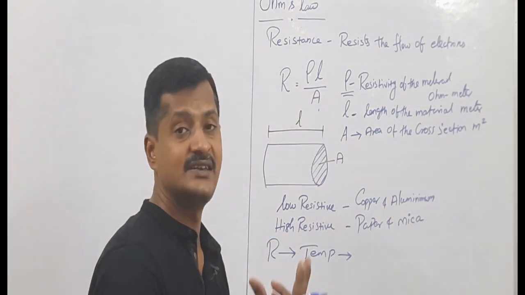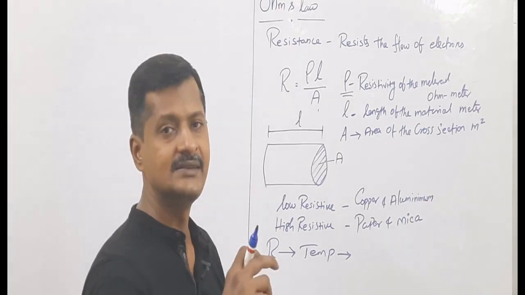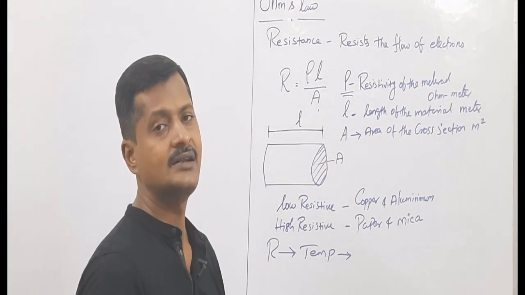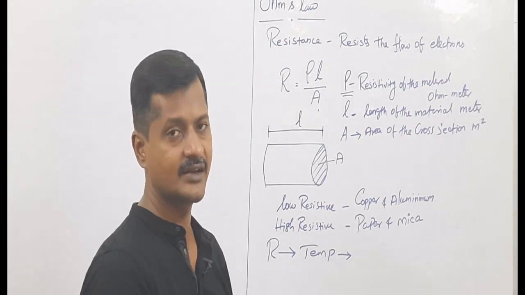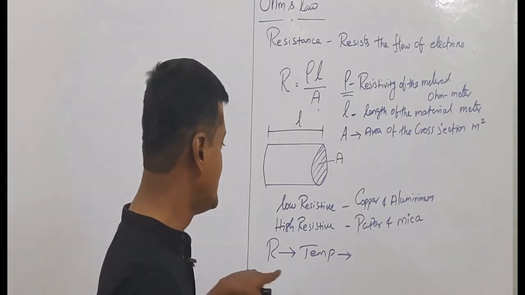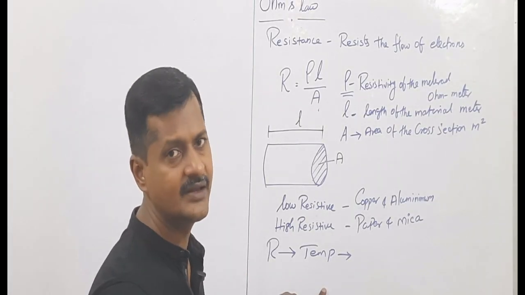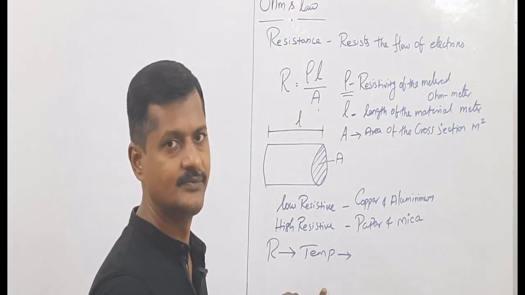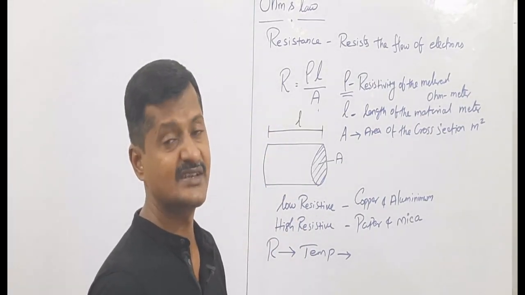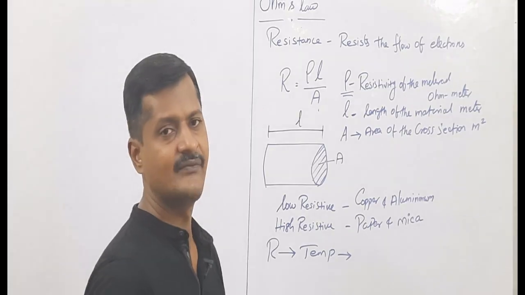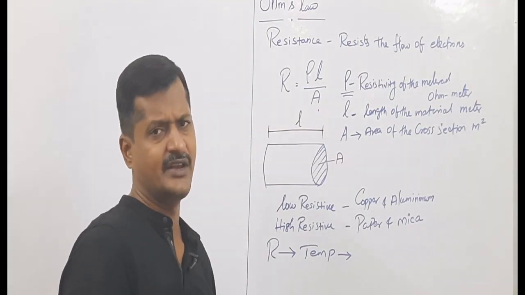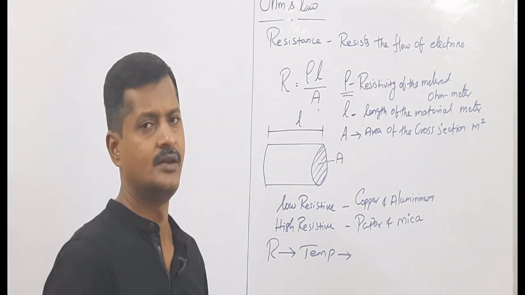If the temperature is increased, அப்படின்னா, the length and cross section area of the conductor will vary if the temperature is changed. So resistance mainly depends upon temperature. So this is about resistance. So resistance na enna அப்படிங்கறதோட definition: the resistance is the property of any kind of material, right?